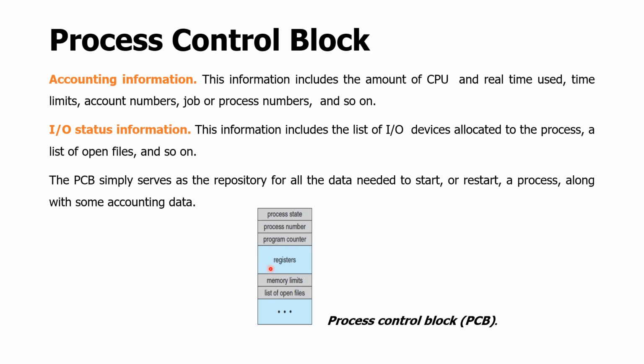Next, it contains the registers and the memory limits. Memory limits mean which bytes of instructions in memory the process should access. This value is held in the base and limit registers. Then a list of open files: what files have been allocated to a process. The PCB holds that information too.